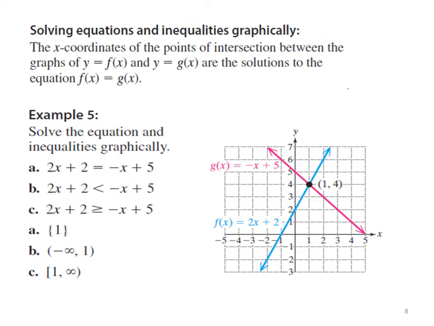If you solve this equation, for example, if you add x to both sides and subtract 2, you will have 3x equals 3, or x is equal to 1. You can get the y value by using either equation of the line.